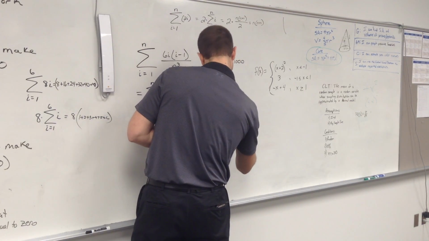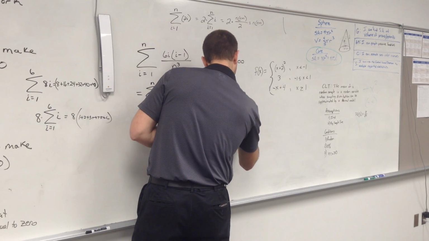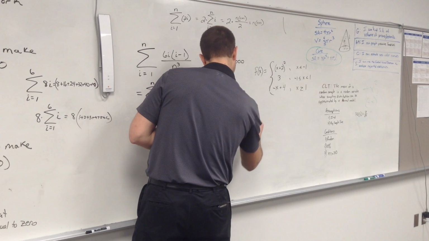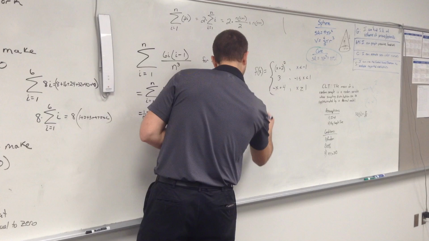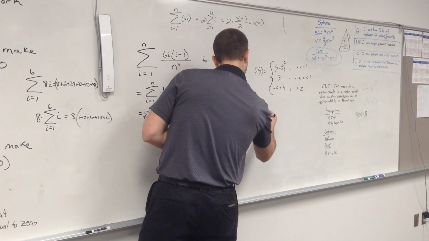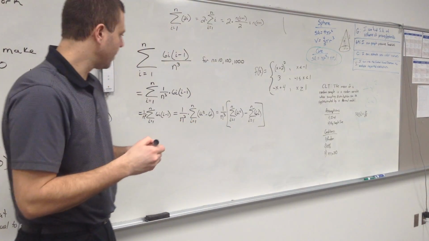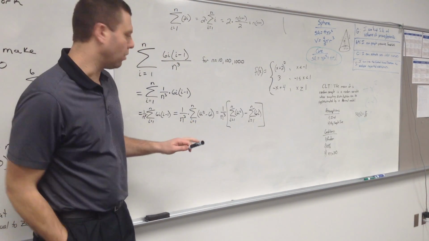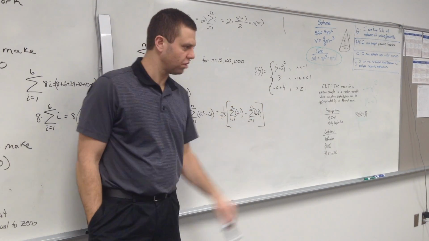So that would be the sum as i goes from 1 to n of 6i squared, minus the sum as i goes from 1 to n of 6i. That's how I would do it. If you don't like the bracket, just make sure you put the 1 over n cubed in front of each summation.